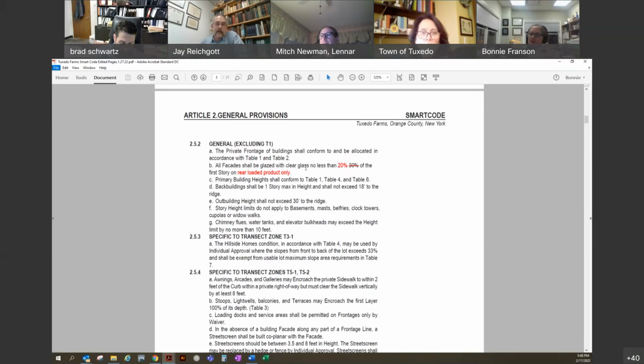Why are we doing that? Because that's the only instance where we will meet that criteria. When we have a garage in the front of the home, which will be the majority of the homes, we won't be able to meet that criteria. Could you meet 30% with a rear loaded garage, a rear loaded house?